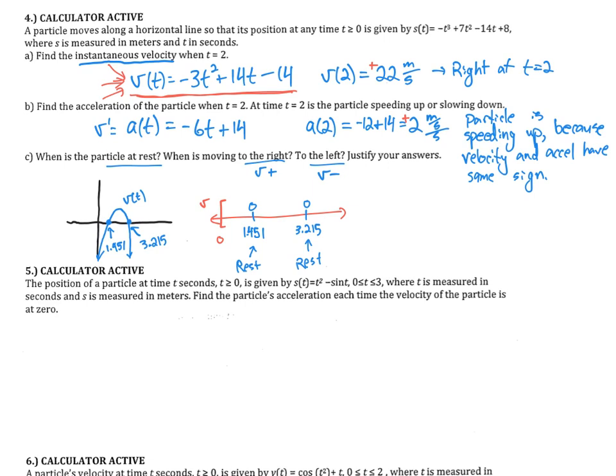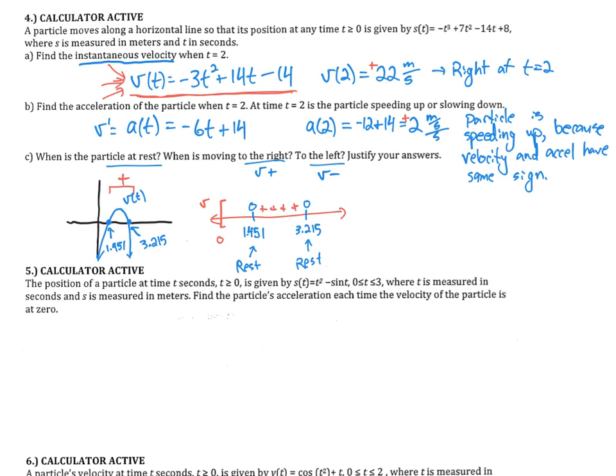And then what we can do is look closer at my velocity graph over here and try to figure out where the velocity is positive and where the velocity is negative in relation to both of those 2 times. So as you can see, in between those 2 times, my velocity graph is above the x-axis, so my velocity is positive in that interval.